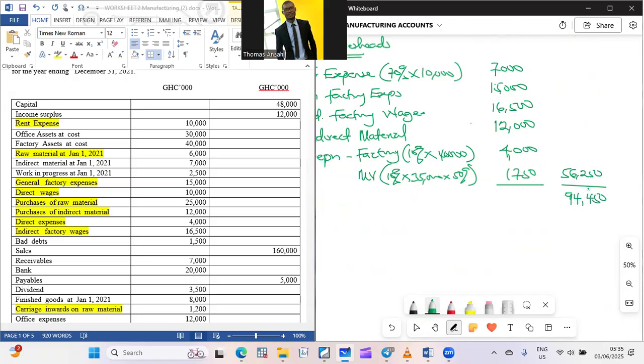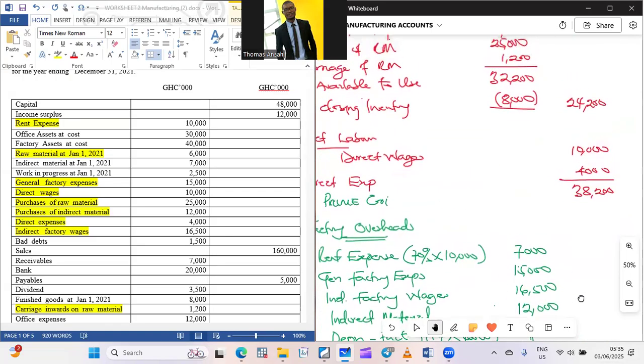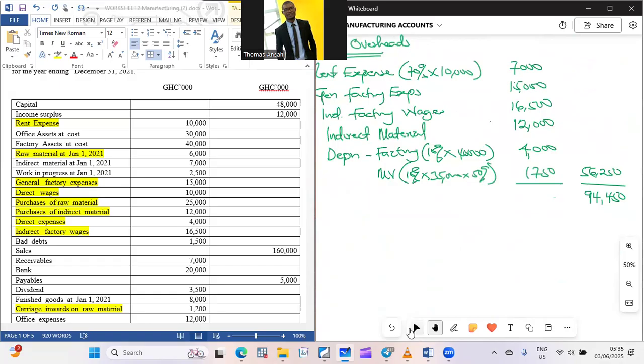So this should have been what I am taking to my trading, but there is what do we call it, work in progress, right? So we will have to bring in the work in progress. So work in progress at start, WIP brought down as at the beginning. This is it.